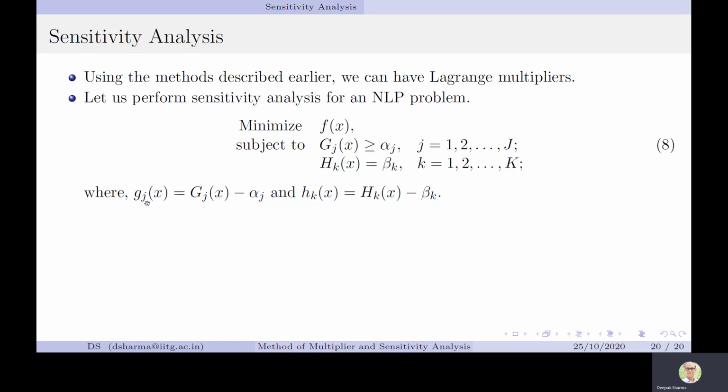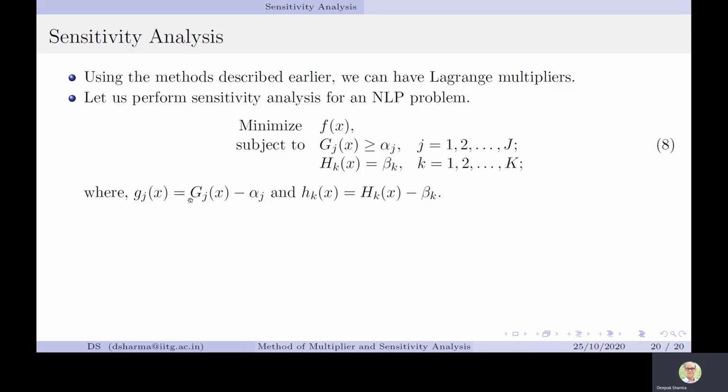Now we are writing this small gj of x in terms of capital Gj of x minus alpha j, where alpha j is a constant. If we substitute small gj of x by capital Gj of x, and similarly small hk of x by capital Hk of x, equation 8 can be written as: minimize the objective function subject to capital Gj of x greater than or equal to alpha j.